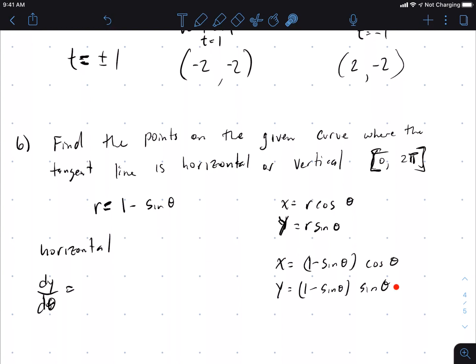We're looking at this one, right? So negative cosine theta times sine theta, right? Plus 1 minus sine theta cosine theta. Do we agree?